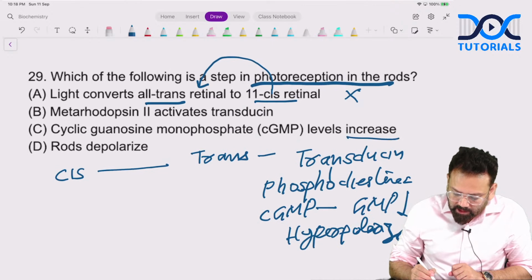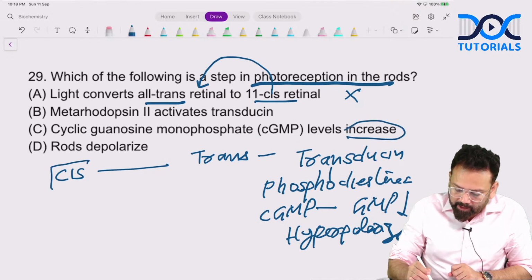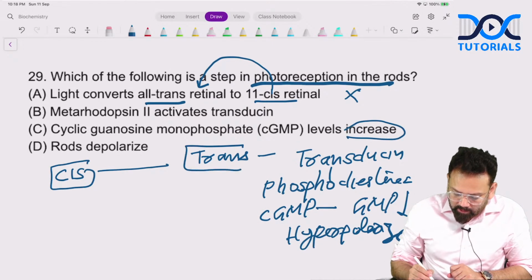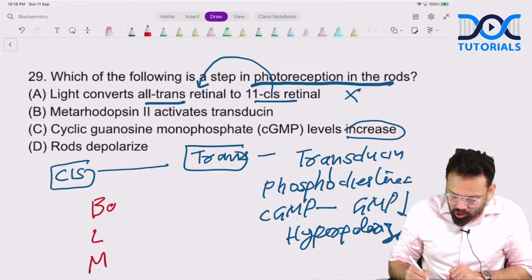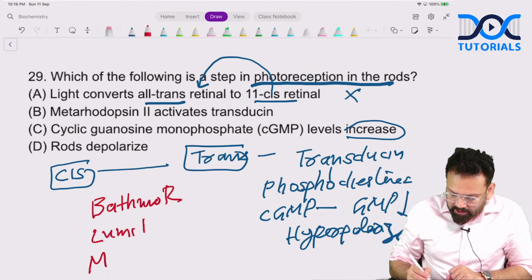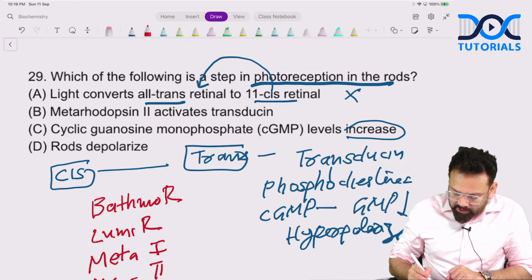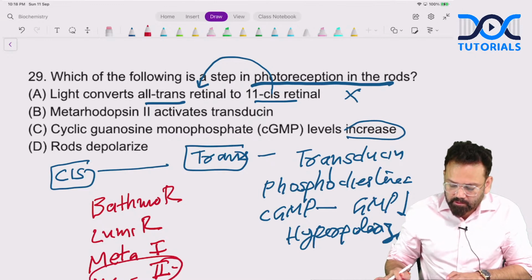Cis is converted into trans by, I have given you a mnemonic, BLM, Balma, the Shakti Kapoor dialogue. B is bathorhodopsin, which converts into lumirhodopsin, then metarhodopsin 1, then metarhodopsin 2, which activates transducin.